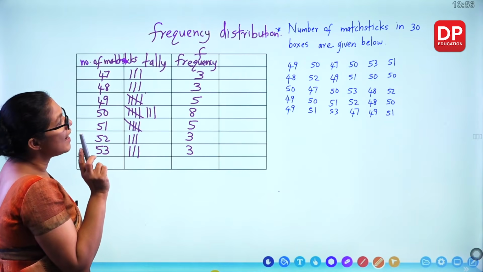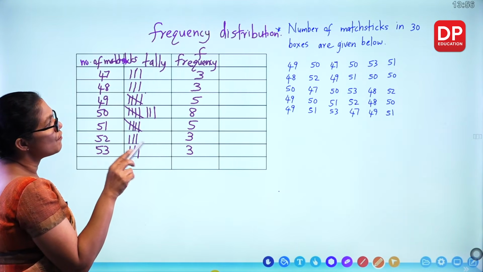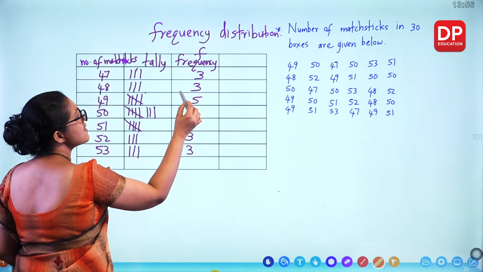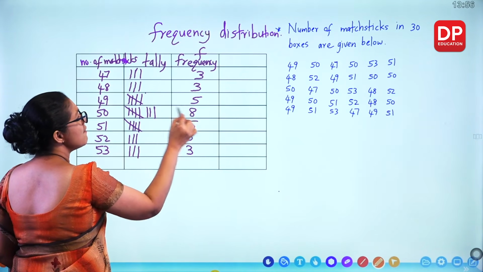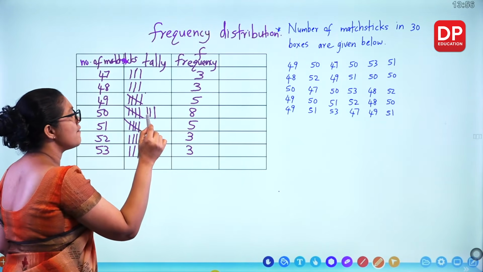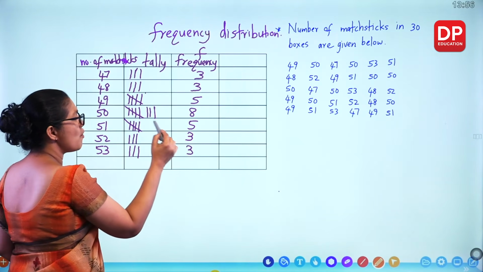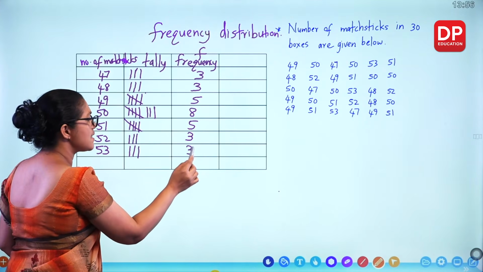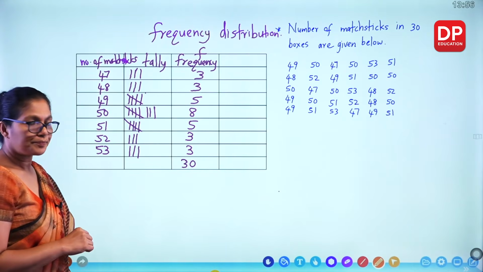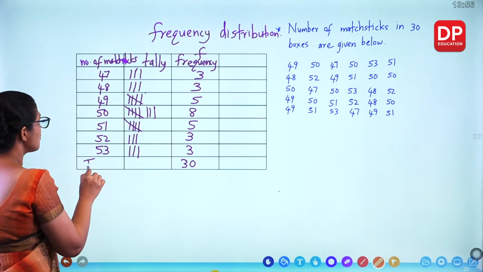And you need to get how many? 1, 2, 3, 4, 5, 6. 6 times 5, 30. 3 plus 3, 6. 6 plus 5, 11. 11 plus 8, 19. 19 plus 5, 24. 24 plus 3, 27. 27 plus 3, 30. So that's correct. So this is the total number.